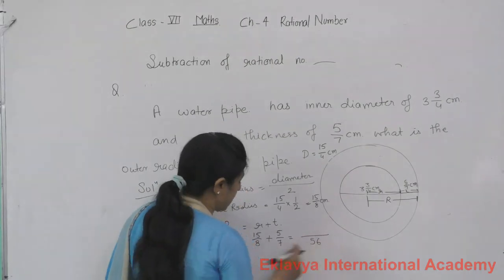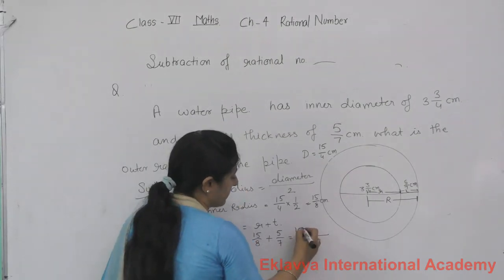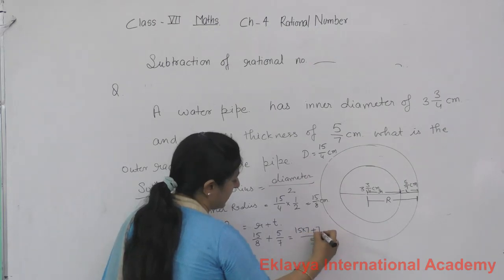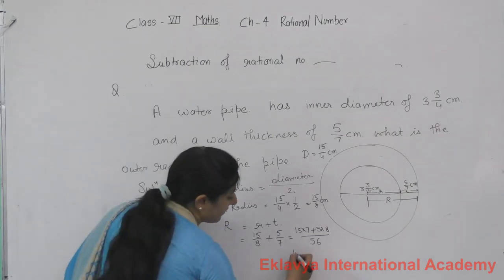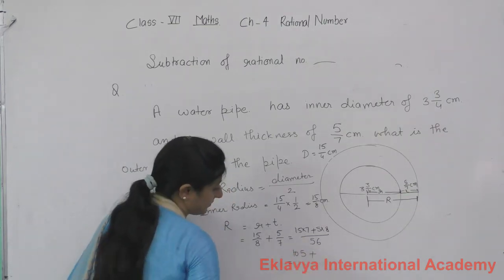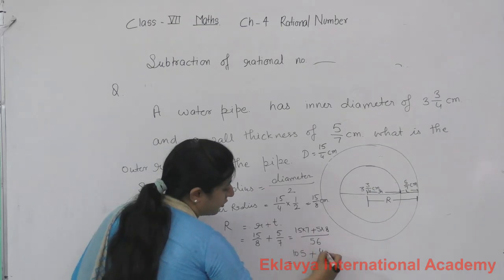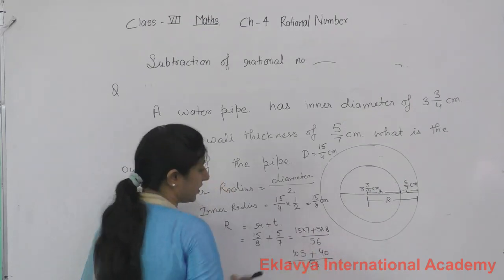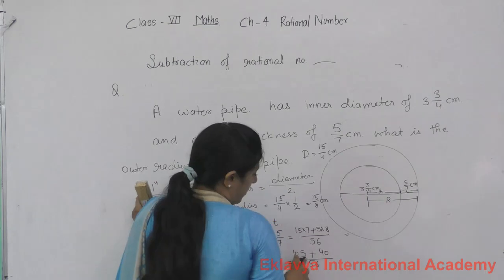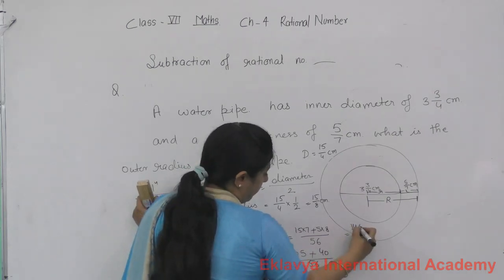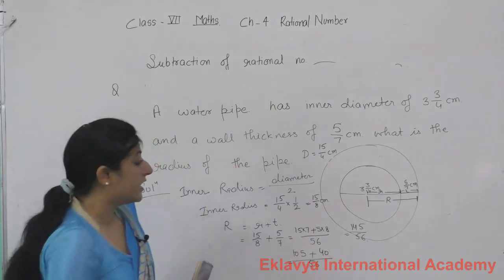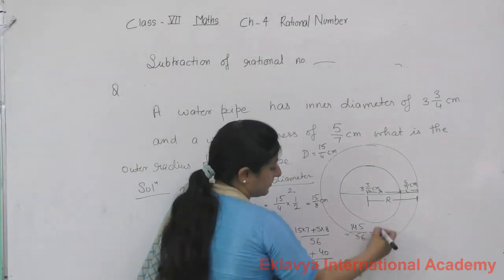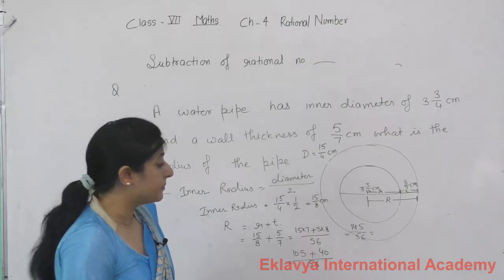LCM is 56. 8 7s are 56. 15 multiplied by 7 is 105. 5 8s are 40. Then your answer will be 145 divided by 56. It is not possible to cut it, so change into the mixed form.